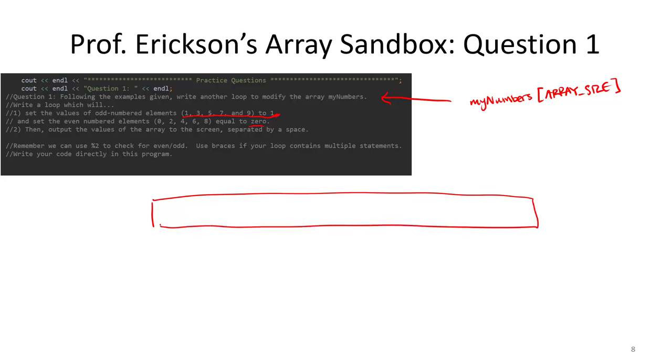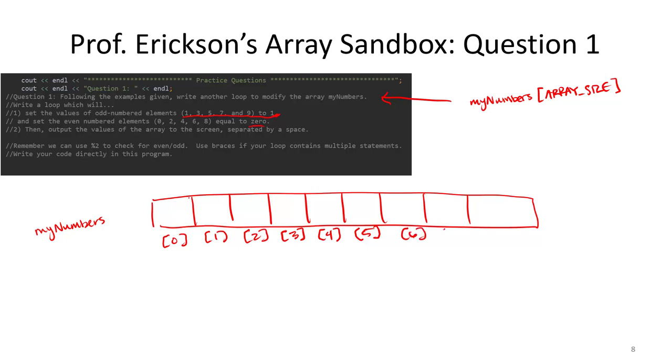So what we want to see, if we do this, if we update our myNumbers array, remember we have element 0, 1, 2, 3, 4, 5, 6, 7.